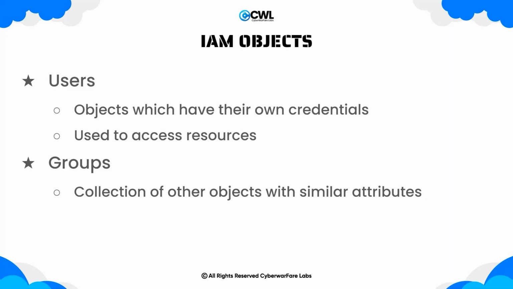Now, it is difficult to map access to every single user individually. So we can group them, and we can group them based on different attributes. Attributes could be their tasks or their role, or what they're allowed to do or what they're not allowed to do.